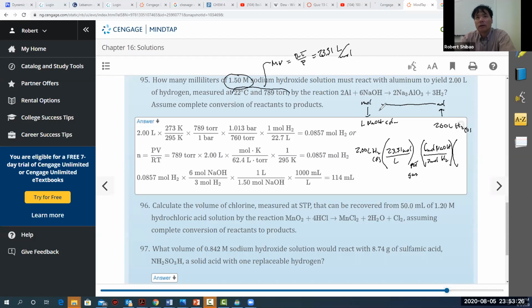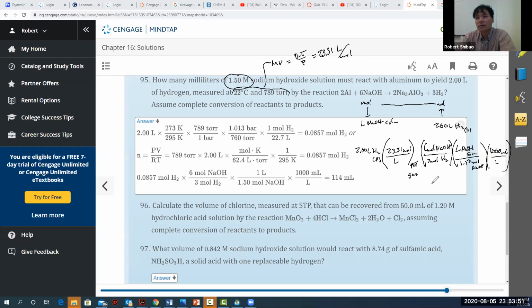And then the molarity, 1.5 molar. And so 1 liter of sodium hydroxide solution contains 1.50 moles of pure sodium hydroxide. And then they want milliliters, so let's convert liters to milliliters, 1,000 milliliters per liter.